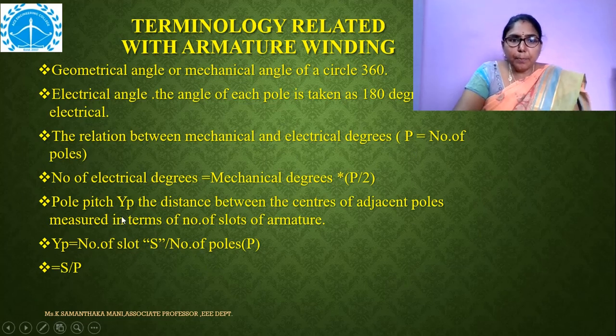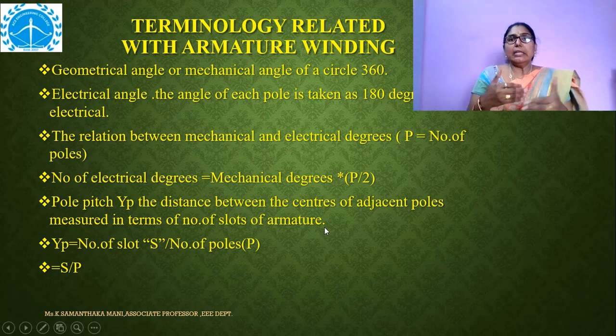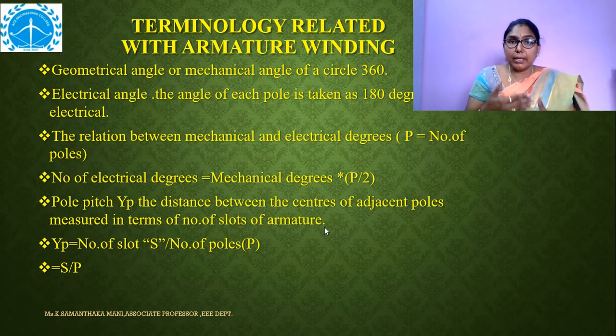Now, coming to the next one, pole pitch. It is represented with Y suffix P, and it is defined as the distance between the centers of adjacent poles measured in terms of the number of slots of the armature. As I mentioned earlier, the armature core is made into different slots. Those slots are called armature slots.